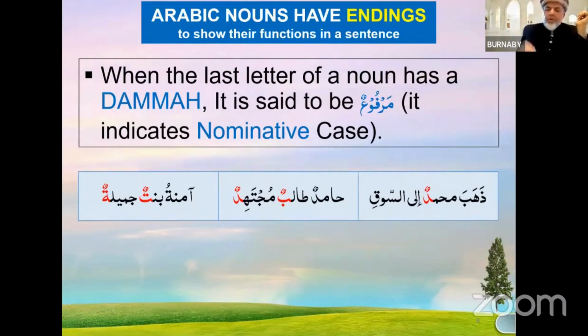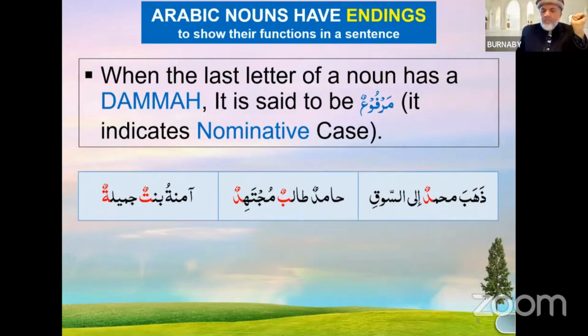Is Muhammadun in the status of Rafa? Who is going to the market? Muhammad. Is Muhammad the subject of this sentence? So, how do you know? When you see the Dhammatan. Follow?